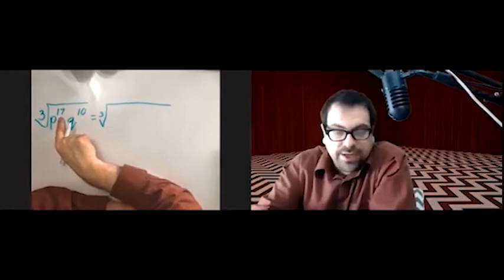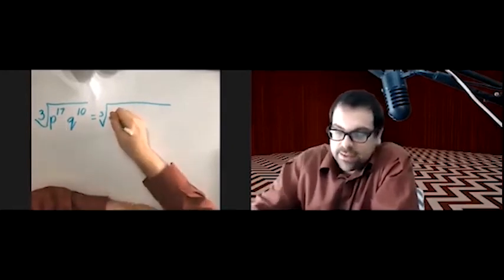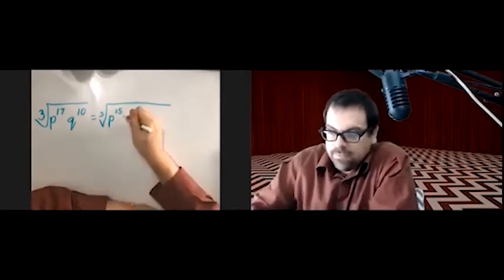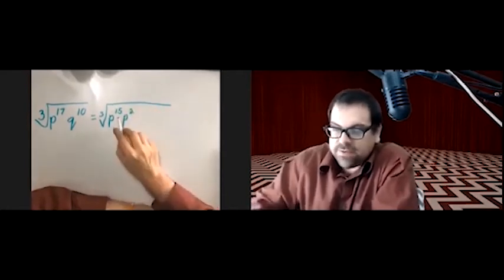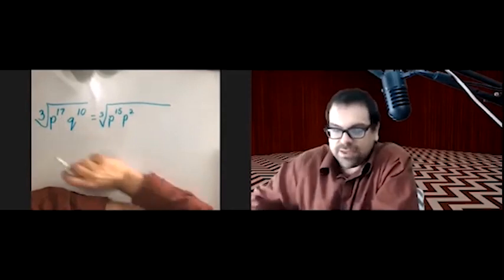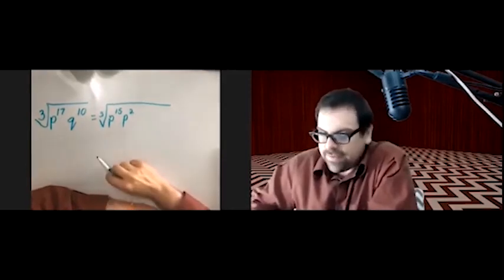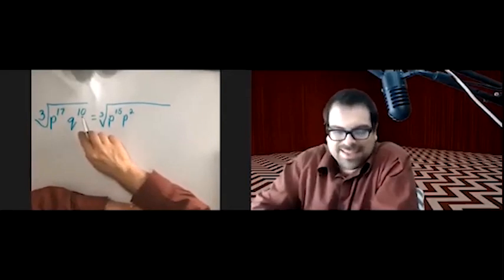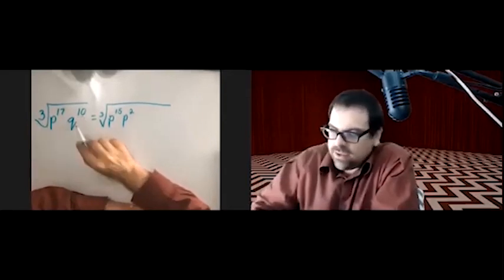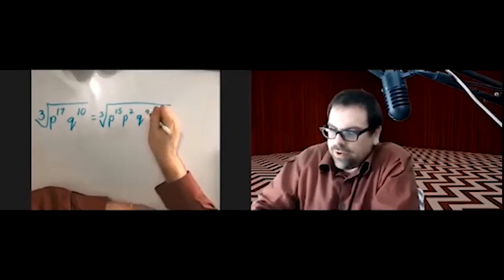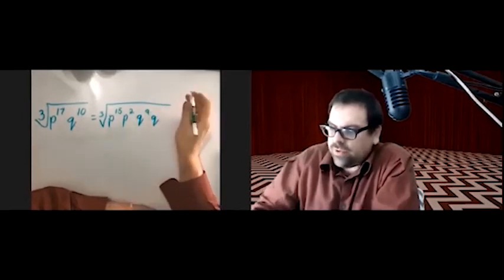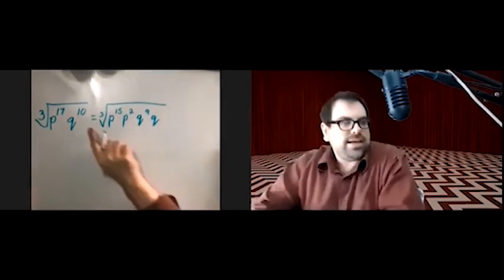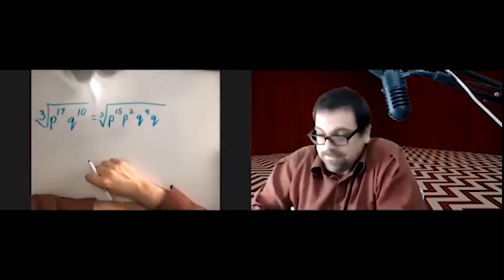Highest multiple of 3 that fits into 17. That's 15. P to the 15th times p squared adds the exponents to get p to the 17th. Highest multiple of 3 that fits into 10, that's going to be 9. Q to the 9th times q to the 1st, because 9 plus 1 adds the exponents to give 10.